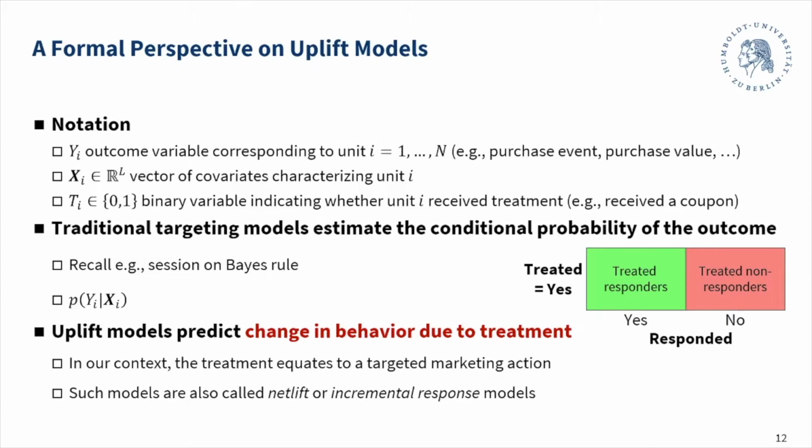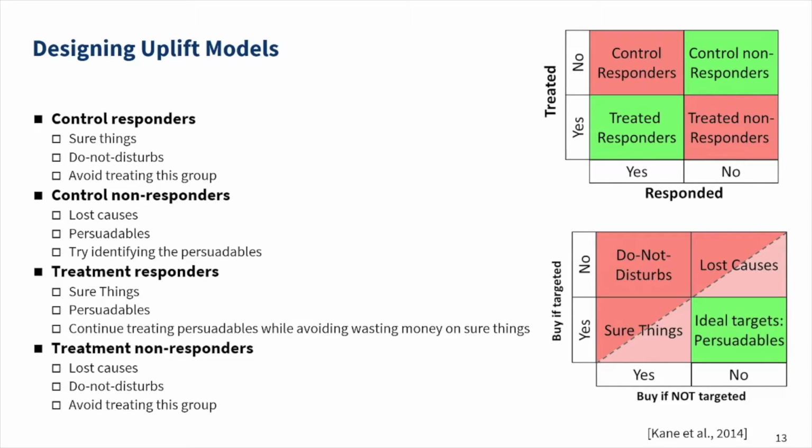That's the addition from the upper table here and the previous one. There we only had treated customers, and now we introduce two groups of customers, those who have been treated and those who have not been treated. We can call these customers from the treatment group, where we performed the action and gave a voucher, and customers from a control group where we did not give a voucher.